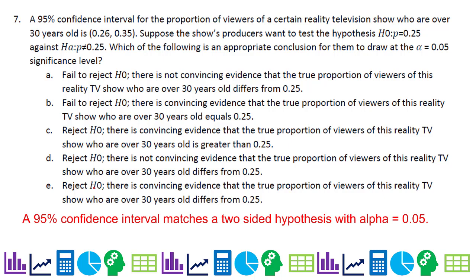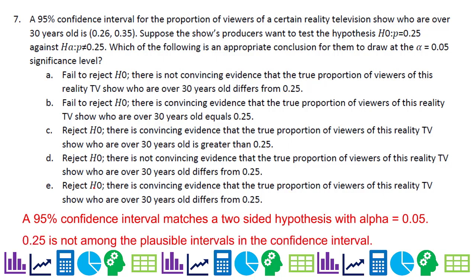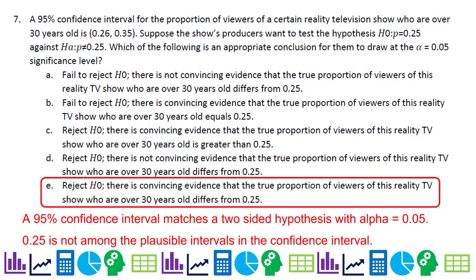Well, that's the same thing as a two-sided hypothesis test with alpha 0.05. So we can just use this interval as is. Is 0.25 in our interval? No, it is not. So we're going to reject our null hypothesis because we have convincing evidence that the true proportion of viewers of this reality show differs from 0.25.